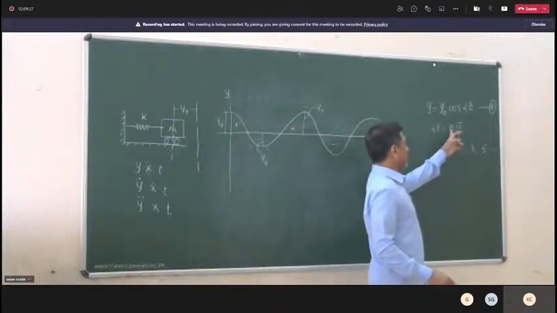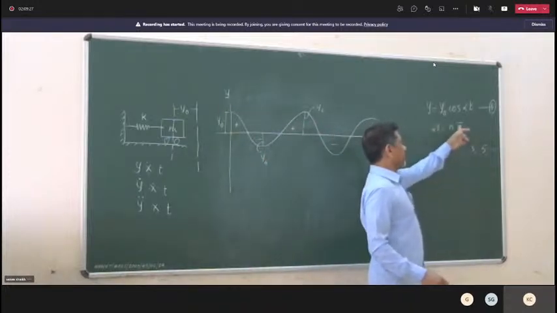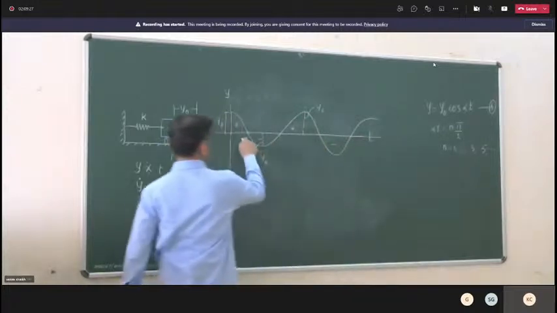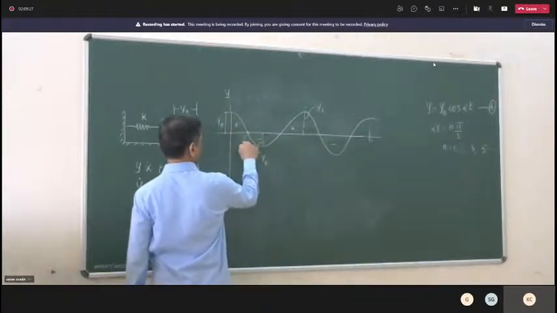So when I take n equal to 1, t is equal to pi by 2 alpha. This is pi by 2 alpha.